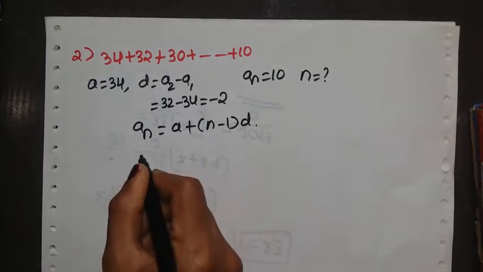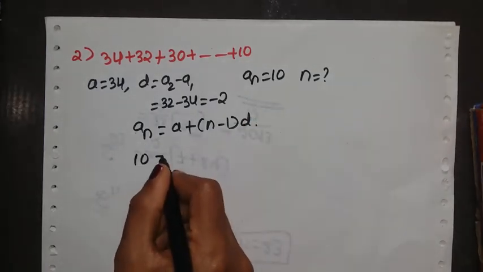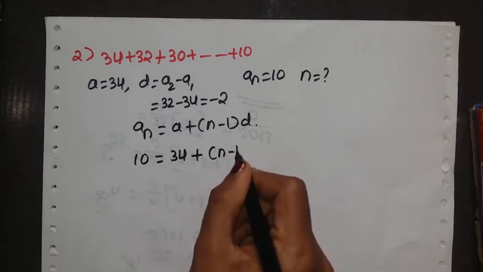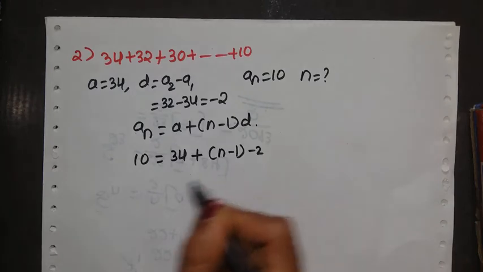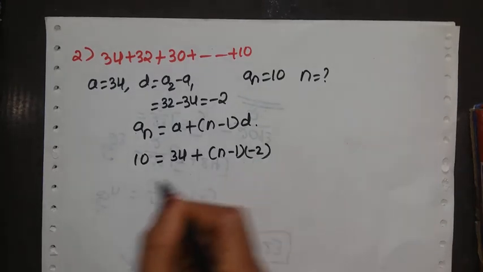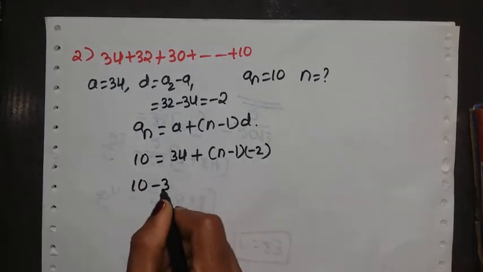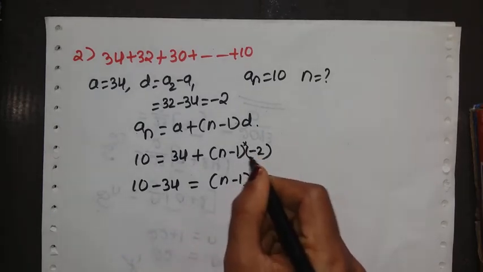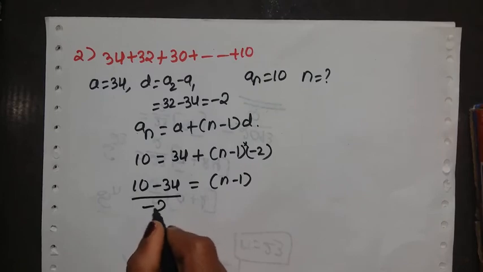Yes, here an, the last term is 10 equals to a is 34 plus of n minus 1. Yes, d is minus 2.